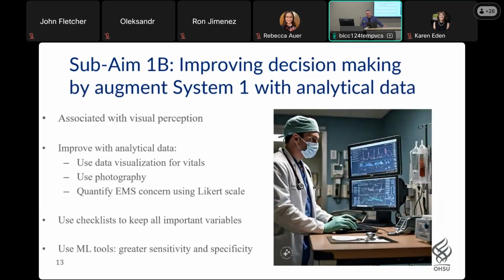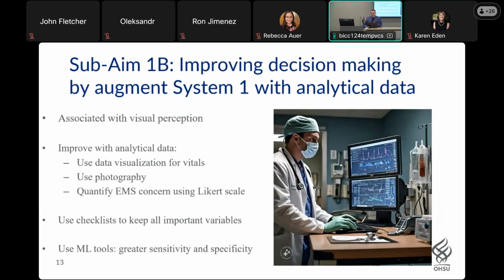Looking at ways to improve the decision-making which happens in the trauma bay, we were thinking about System 1 being associated with visual perception. That's why you are hearing how the patient looks: clinical presentation, pale, diaphoretic, visible blood, and other indicators.